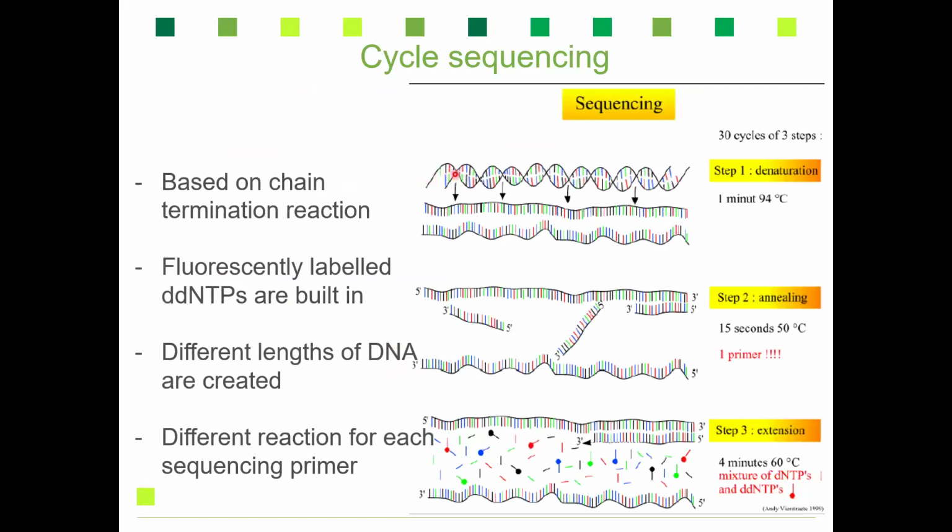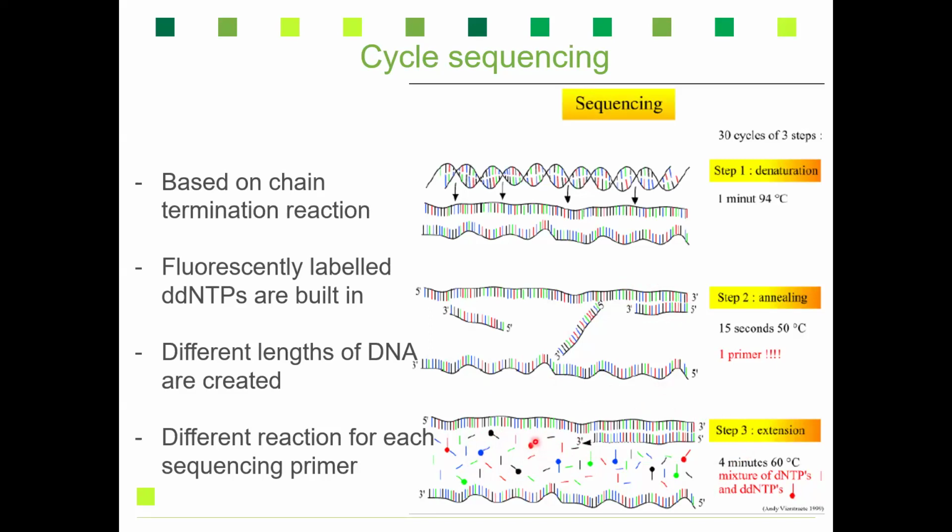So what happens? We have a double-stranded PCR product. We first do a denaturation to split it into single-stranded DNA strands. Then we have a sequencing primer, which we've designed to fit this specific DNA fragment. As we do the extension, the actual amplification, we have a pool of our normal building blocks and the ones that are the chain terminators, which are fluorescently labeled.